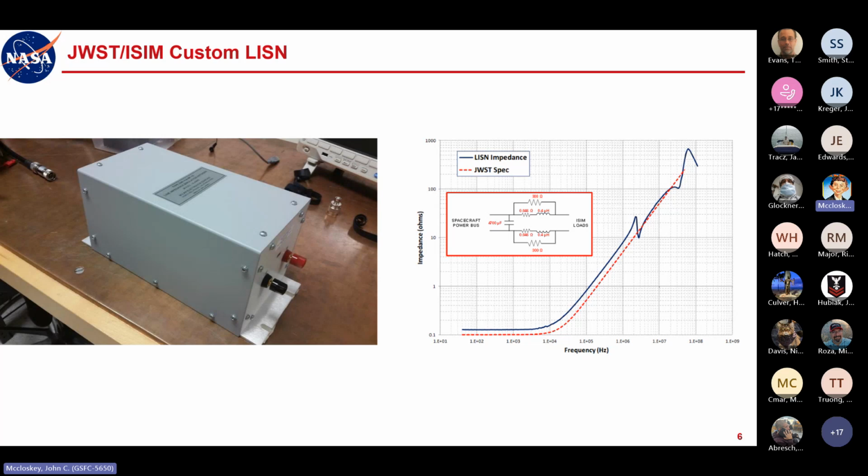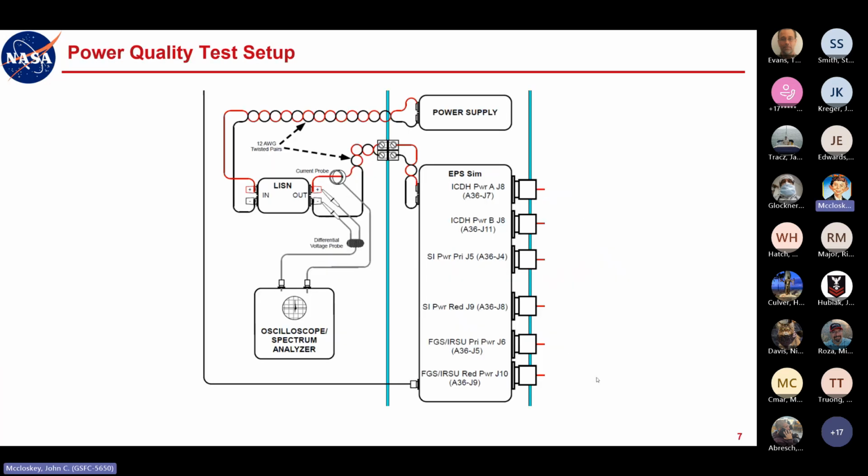We've tried building an in-house LISN, and I think we were actually able to get up to about 10 megahertz, but just the parasitic capacitance between your inductor windings and stuff like that, there are just a lot of ways that make it difficult to get the desired impedance as you go up in frequency. So I'm sure they were doing a bit of tuning and tweaking to get pretty close to the line here. But anyway, the LISN impedance matches the specified impedance pretty well, and this is what we went with.